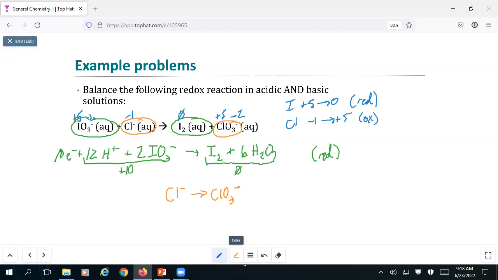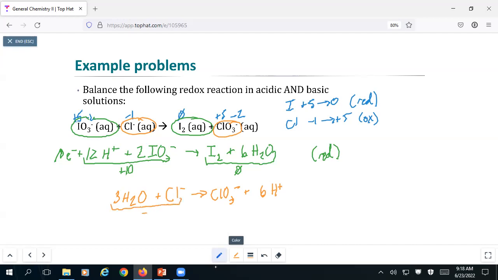I need to balance oxygens. 3 oxygens means 3 waters. The 3 waters gave us 6 hydrogens. So 6 hydrogen ions on this side. We now have atomic balance. We just need to settle charge balance.